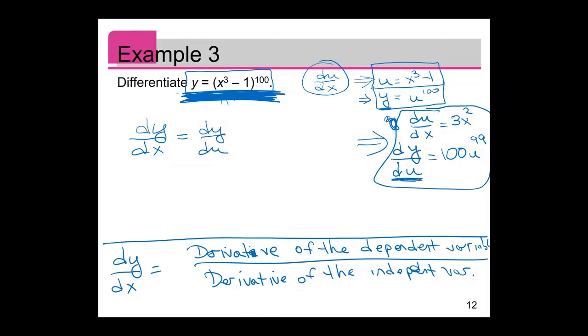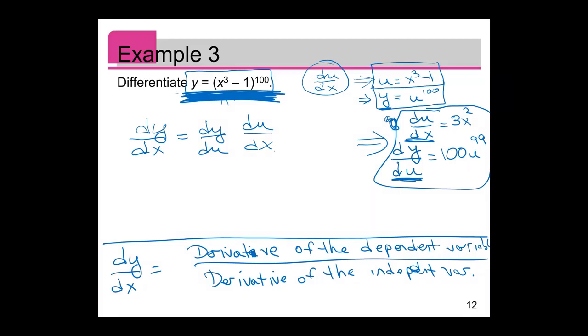And if I have dy du, I also have du dx. If I cancel the du's, which you're not really doing, it's a visual to help you, I would get dy dx equals dy dx, which is perfect. See that?